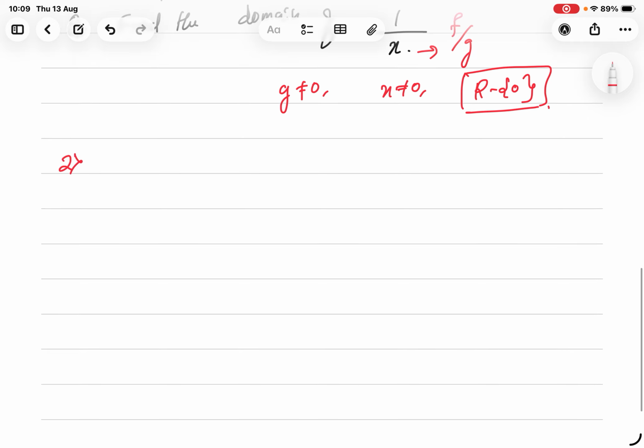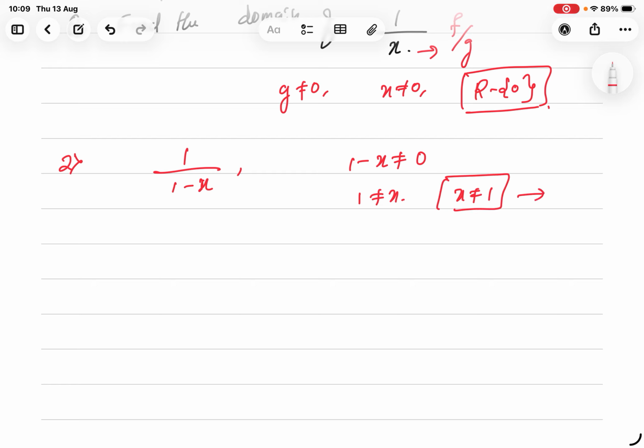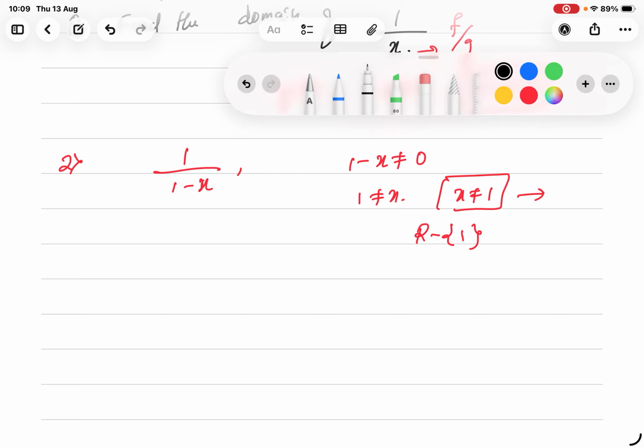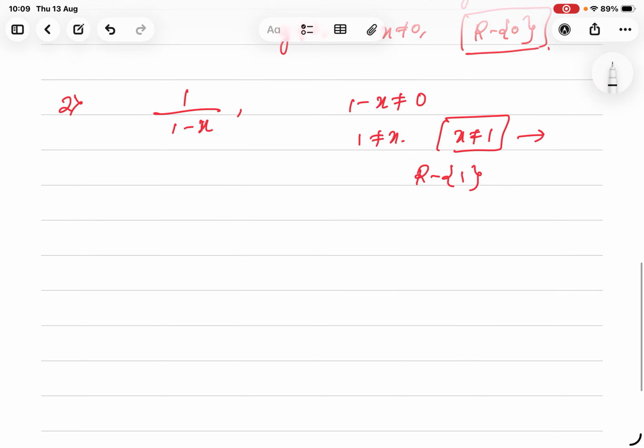Same thing, find the domain of the function 1 divided by 1 minus x. Now you have to take the denominator not equal to 0, 1 is not equal to x, x is not equal to 1. It implies R minus 1. Then you have to remove 1 from the R.